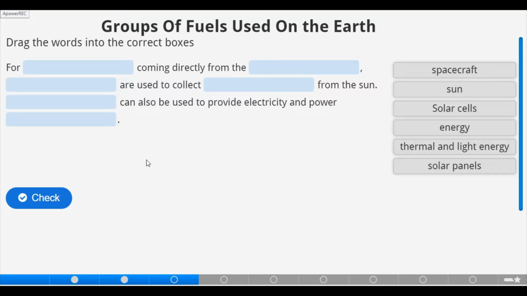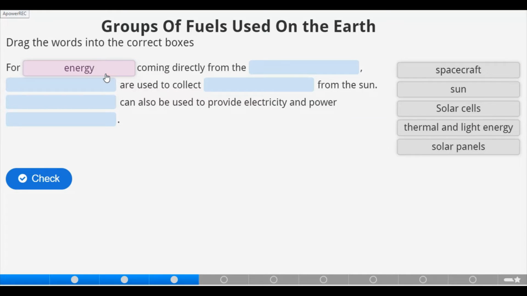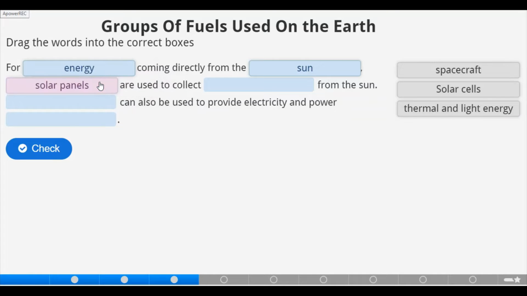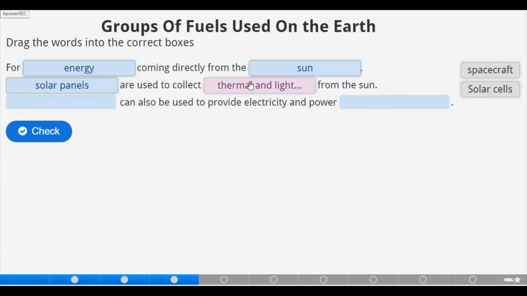Now let's deal with the group of fuel used on the earth. This is in relation to how solar energy is used. For energy coming directly from the sun, solar panels are used to collect thermal and light energy from the sun.